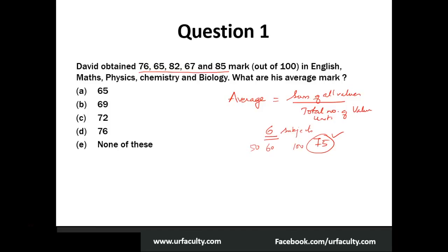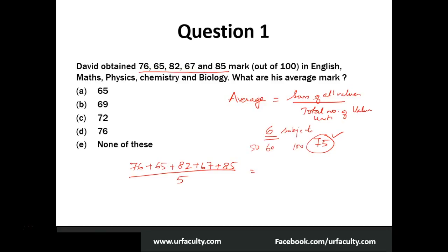David obtained 76, 65, 82, 67 and 85 marks out of 100 in English, Maths, Physics, Chemistry and Biology. What are his average marks? Very simple. We need to add 76 plus 65 plus 82 plus 67 plus 85 and divide it by 5, as there are 5 subjects.